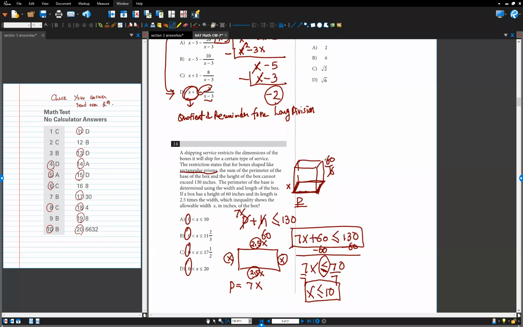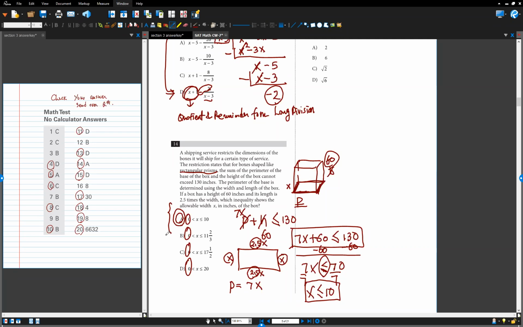When the height is 60, the width of the base should be less than or equal to 10. So choice A is the answer. This one needs a little more work, I understand. Any questions on number 14? We just need to set up the inequality.